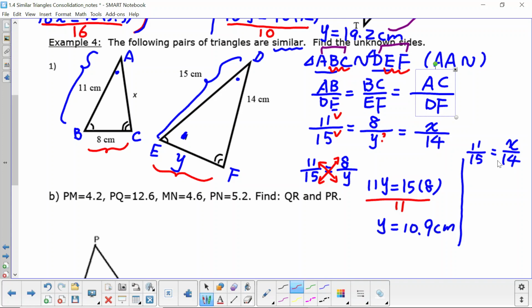Then we could do cross multiply, or we could just move the 14 to other side. If your X is at numerator, you could just move the 14 to other side. This is division, you move it to other side will be times. So 14 times 11 over 15 equals X. This only applies when X at numerator, okay?